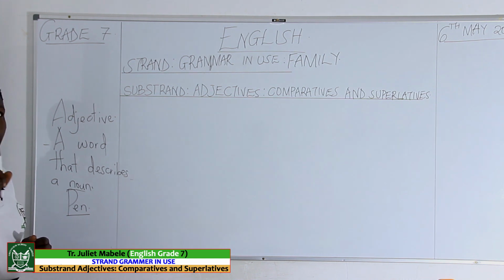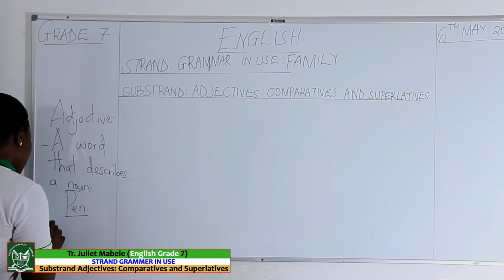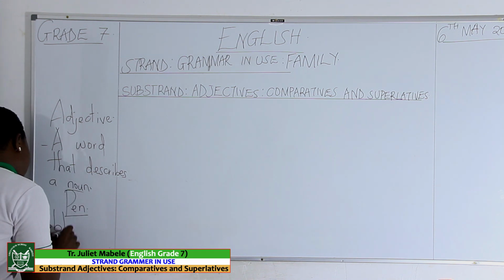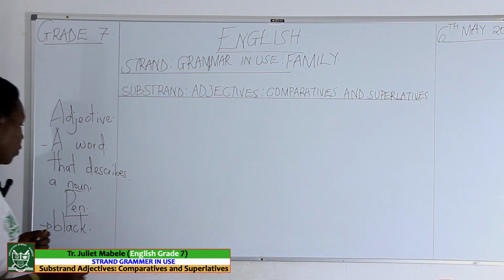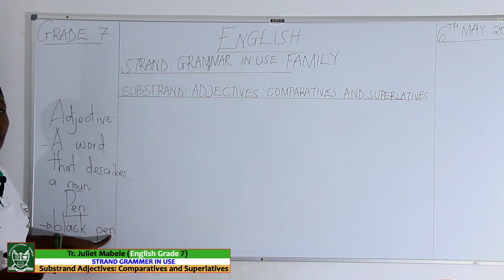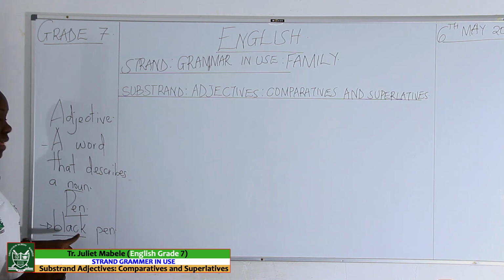Using color, we can say this is a black pen. The word black describes the noun pen. We underline the word black, and this is what we call an adjective.